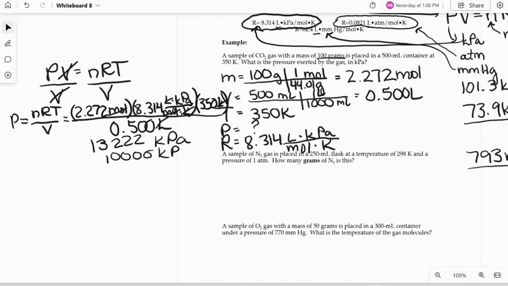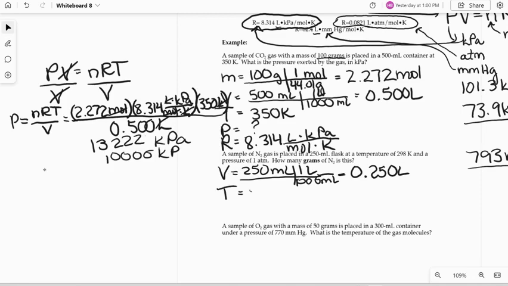Next one, a sample of N2 gas is placed in a 250 milliliter flask. Again, we'll change this straight to liters by dividing by 1,000, or moving the decimal point over 3 spots, 0.250 liters.